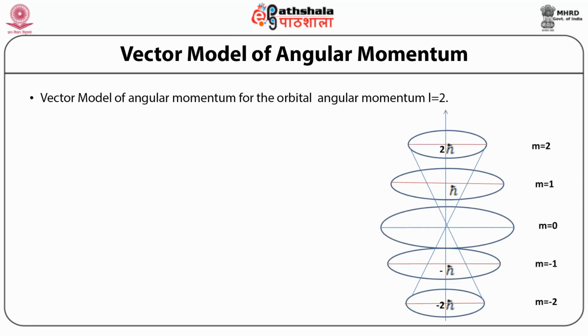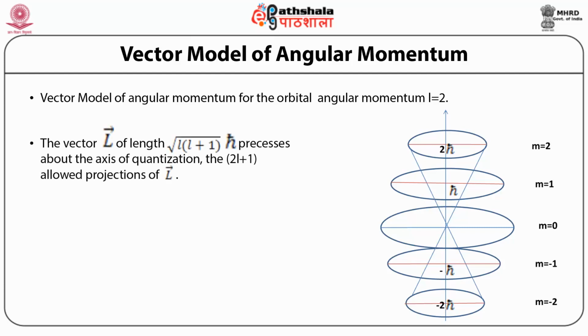The vector model of angular momentum for the orbital angular momentum for l equal to 2 is shown diagrammatically. It can be seen that the vector L of length square root of l(l+1) ħ precesses about the axis of quantization, and the 2l+1 allowed projections of L can be seen.